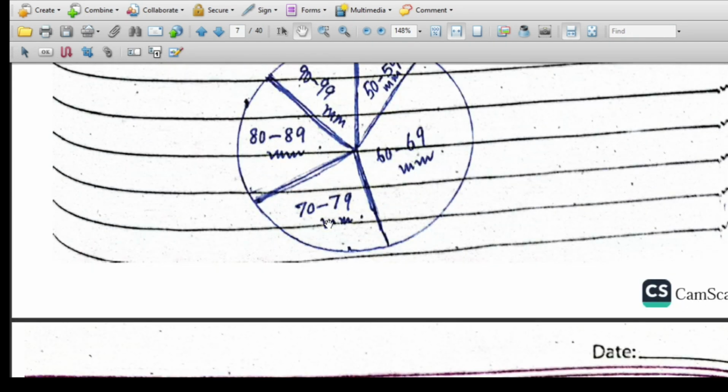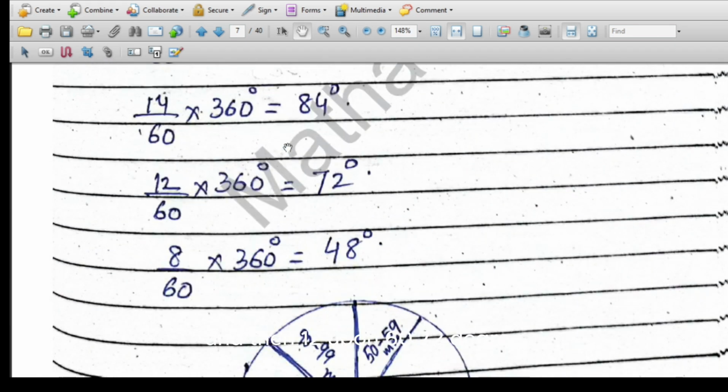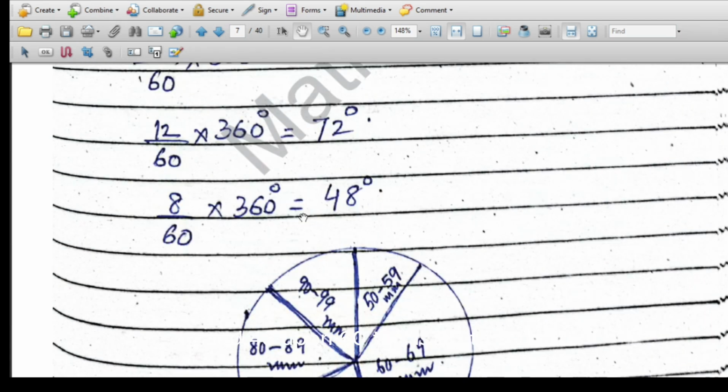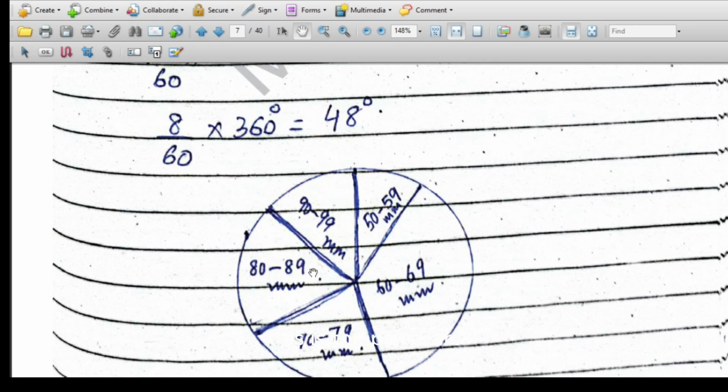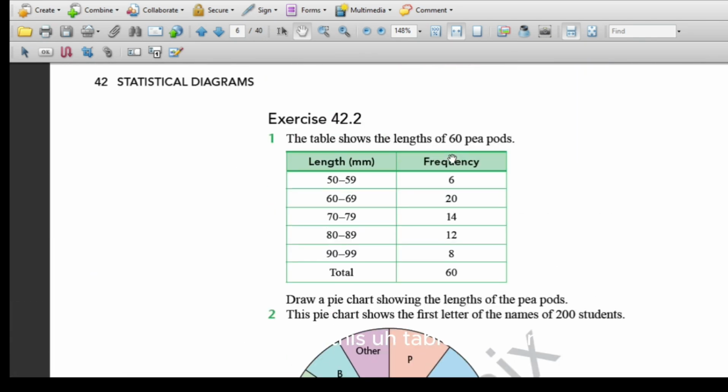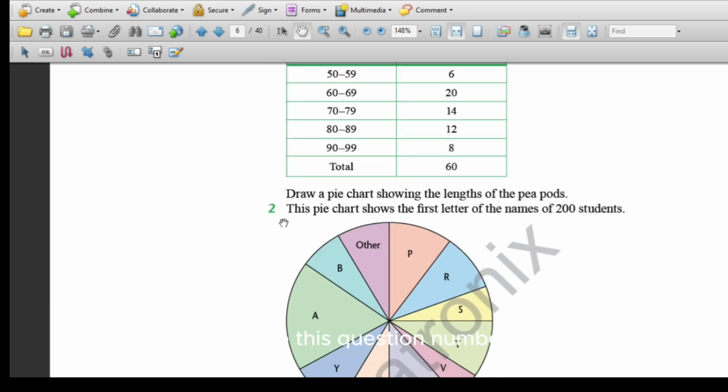This is 70 to 79 mm length, and then 12 upon 60 is 72 degrees. So this is 72 degrees, 80 to 89 mm, and for 8 upon 60 this is 90 to 99 mm, which is 48 degrees. So this is a pie chart which is representing this frequency table. So we have question number 2.